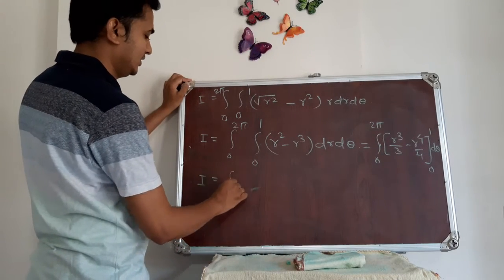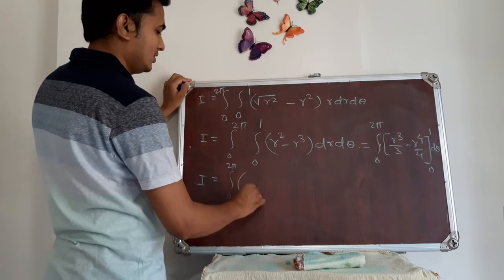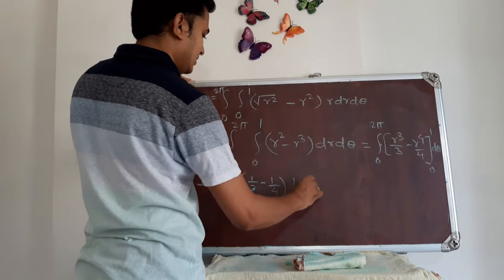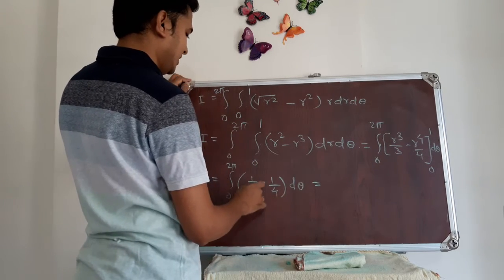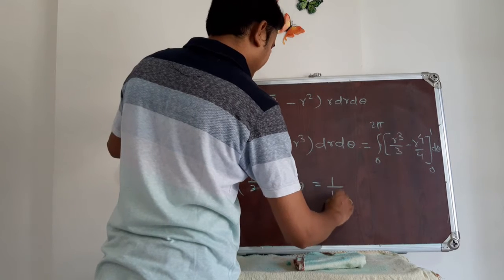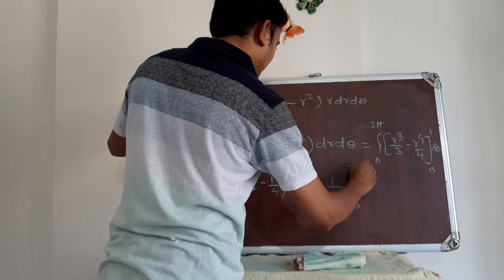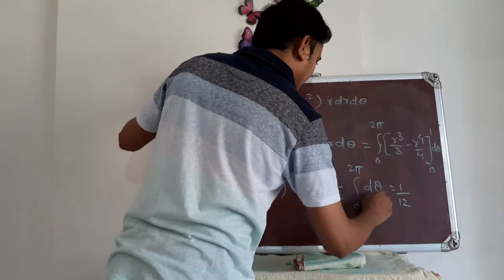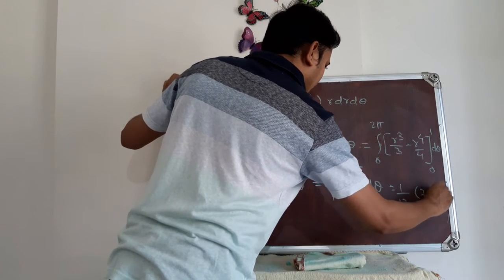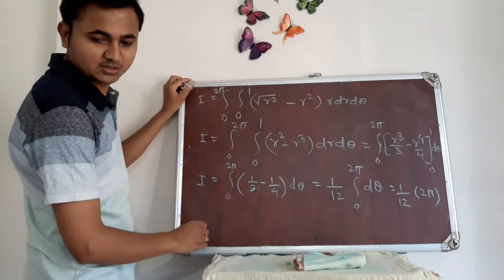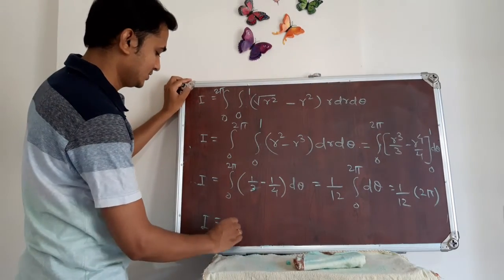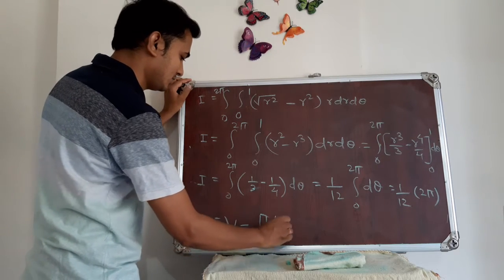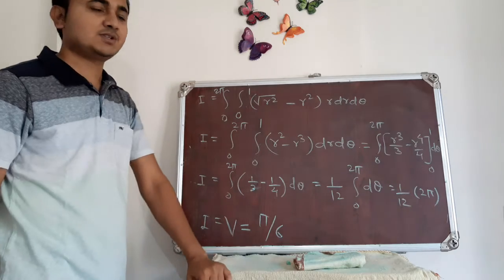So it is equal to integral 0 to 2π of (1/3 − 1/4) dθ, which is equal to (4 − 3)/12, that is 1/12, integral 0 to 2π dθ, which is 1/12 times 2π, so π/6. So this was the volume, which is π/6.